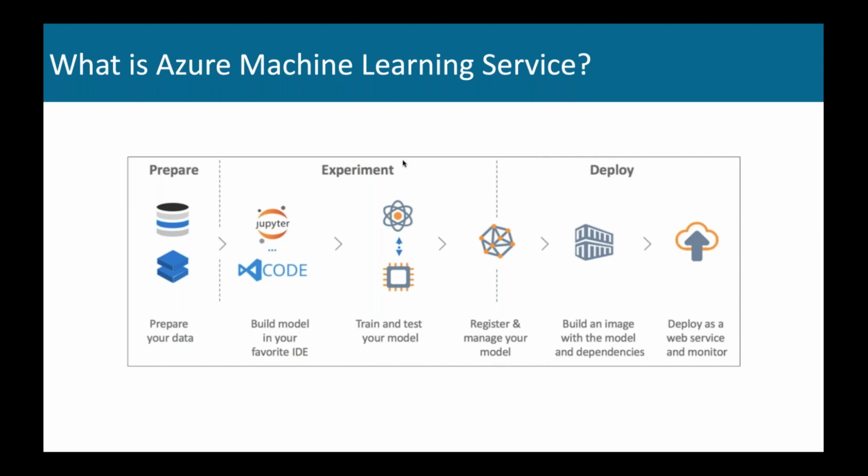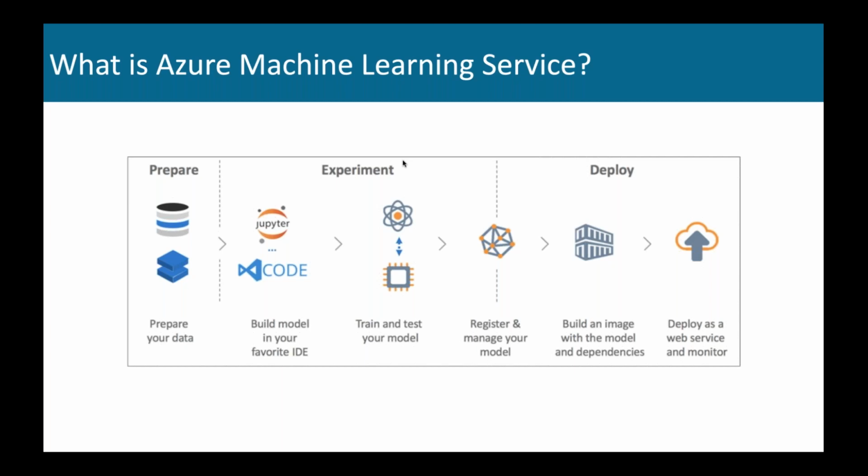And after that, you move into experimentation, where you try fitting your model to the right algorithm. That can be done via Visual Studio Code, which is an open source editor, or open source IDE, or you could use the most popular Jupyter Hub and Jupyter Notebooks to perform interactive experimentation and coding. And once the model is generated, you can train and test.